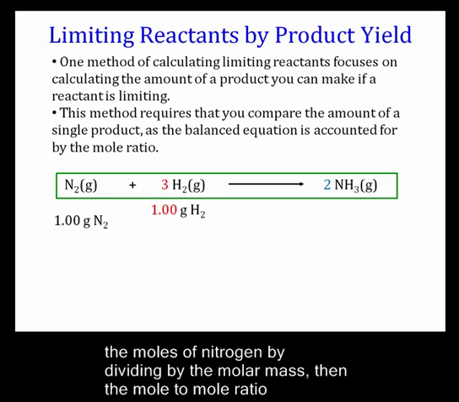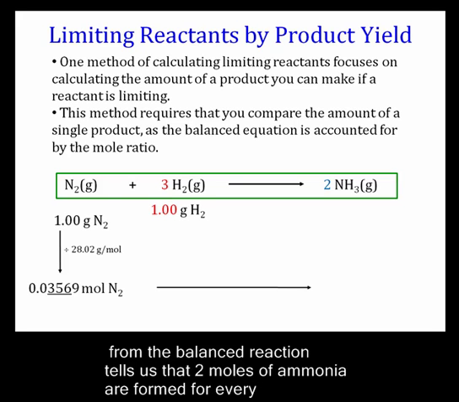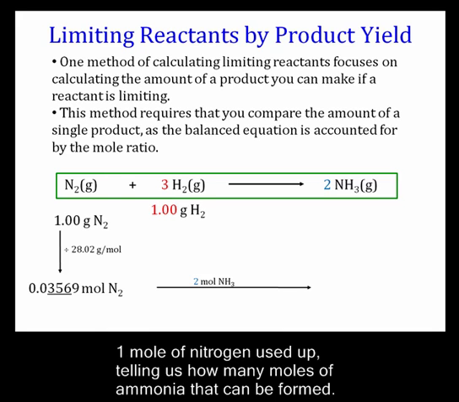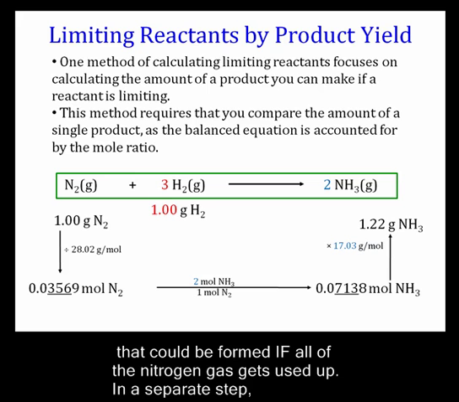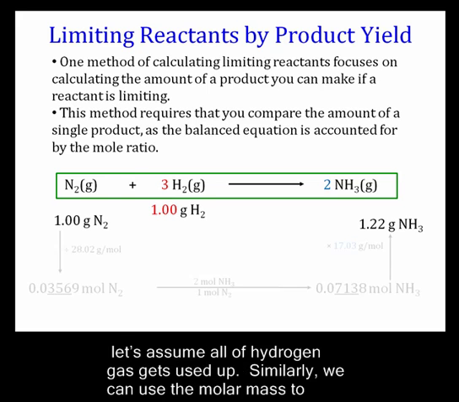The grams of nitrogen can be converted to the moles of nitrogen by dividing by the molar mass. Then the mole-to-mole ratio from the balanced reaction tells us that 2 moles of ammonia are formed for every 1 mole of nitrogen used up, telling us how many moles of ammonia can be formed. Finally, using the molar mass of ammonia helps us find the number of grams of ammonia that can be formed if all of the nitrogen gas gets used up.